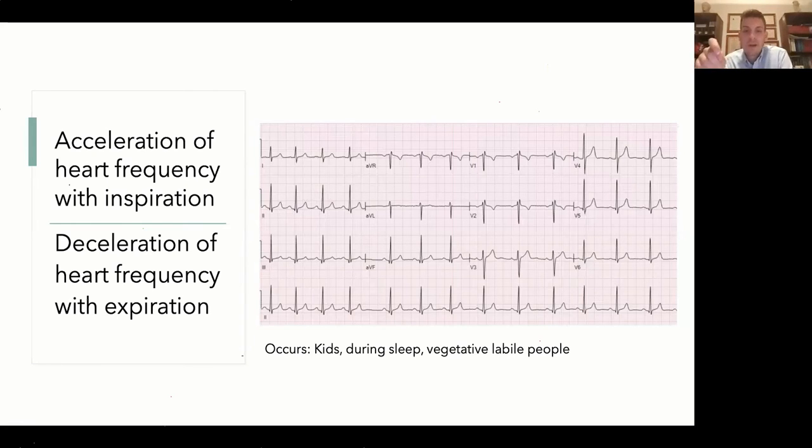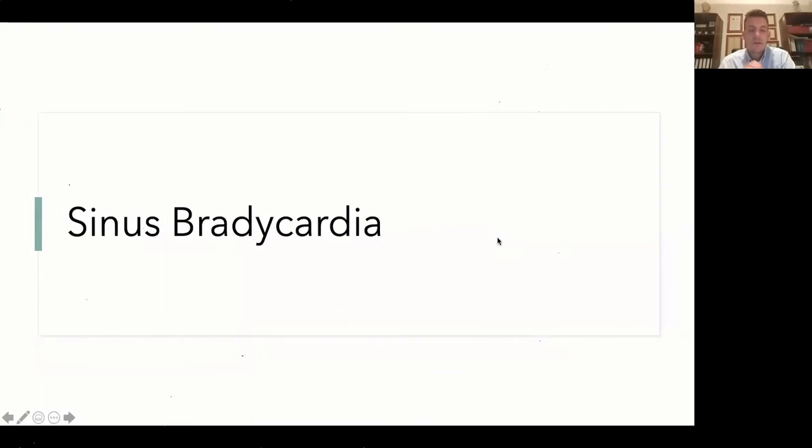And this is very minor. So this is seen in the vegetative state, in kids, and during sleep. I want the third-year students to take note that if you, in the pathophysiology exam, in the practical part, have an ECG that looks completely normal, take a second look because it is probably a respiratory arrhythmia, okay? No biggie.